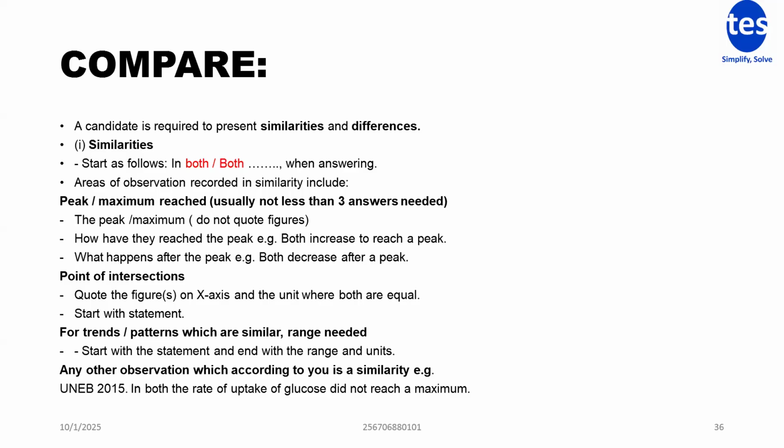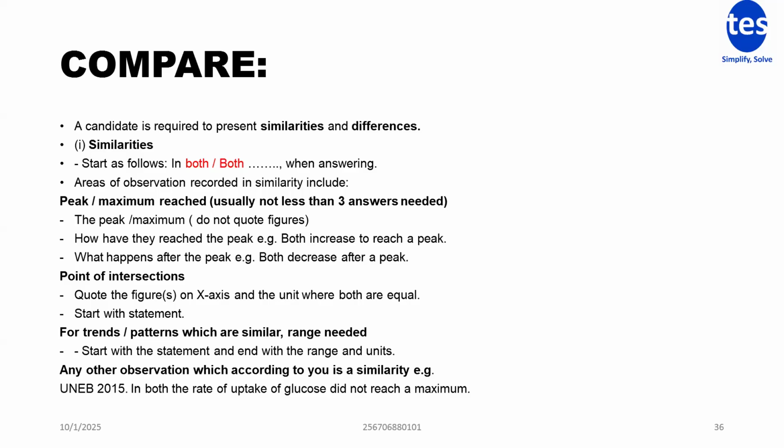Or they both have the same concentration at 1 minute. Or they both have a concentration of 19 point something at 1 minute. But the key important thing there is you must note the figure on the x-axis. Here you start with the statement, then the figure is quoted later, okay?